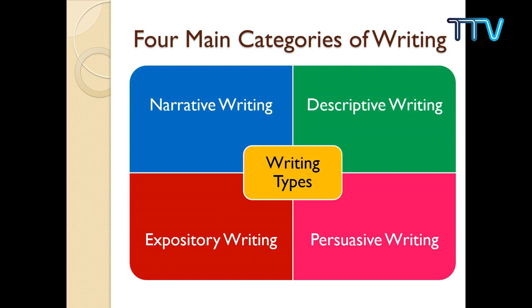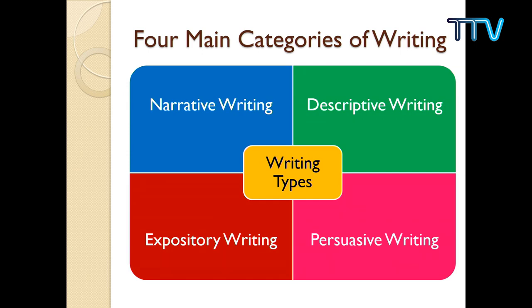Basically we have 4 main categories of writing, and these are narrative writing, descriptive writing, expository writing and persuasive writing. If you look carefully, these are the main categories, and under each category you can have other types of writing.